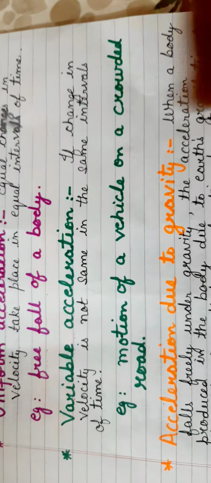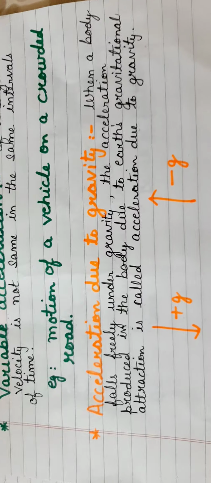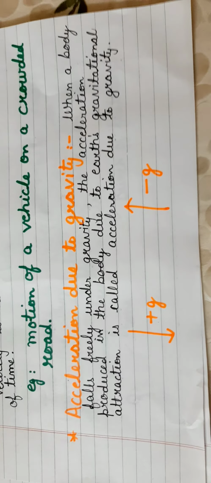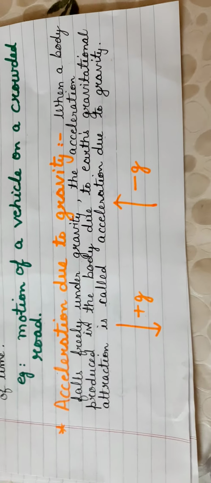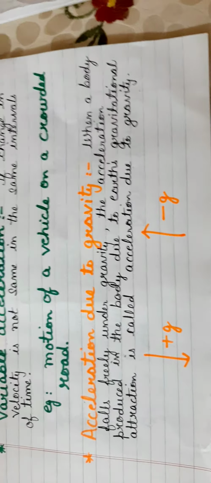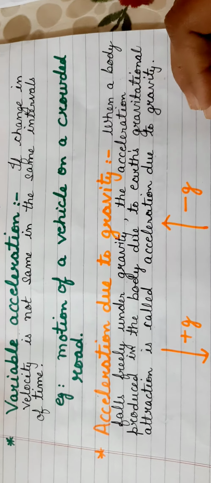Now we come to the third type of acceleration, which is called acceleration due to gravity. Now we all know, children, that when we release a body from a height, it always falls towards the earth. Why? Because the earth is attracting the object towards its center by a force of gravity, which tends to pull the object downwards.